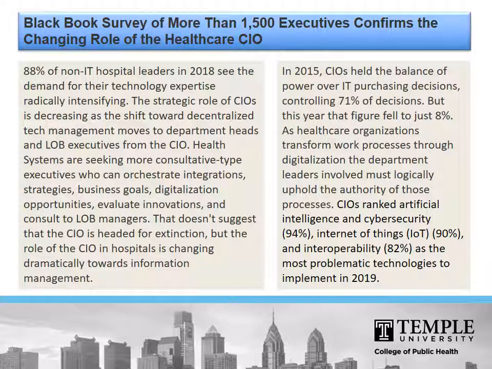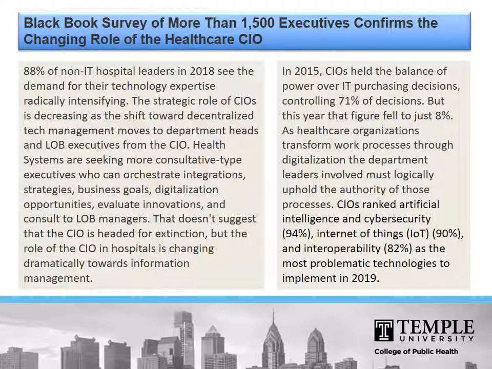The strategic role of chief information officers is decreasing as the shift toward decentralized technology management moves out of the IT function and into the department heads within the health systems and the line of business executives. Health systems are seeking more consultative type executives who can orchestrate integration strategies, business goals, digitalization opportunities, evaluate innovations, and consult to the line of business managers.